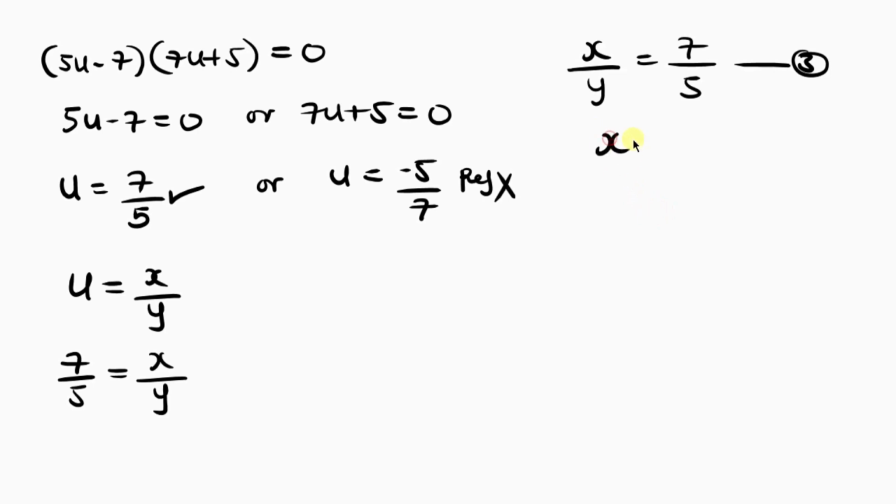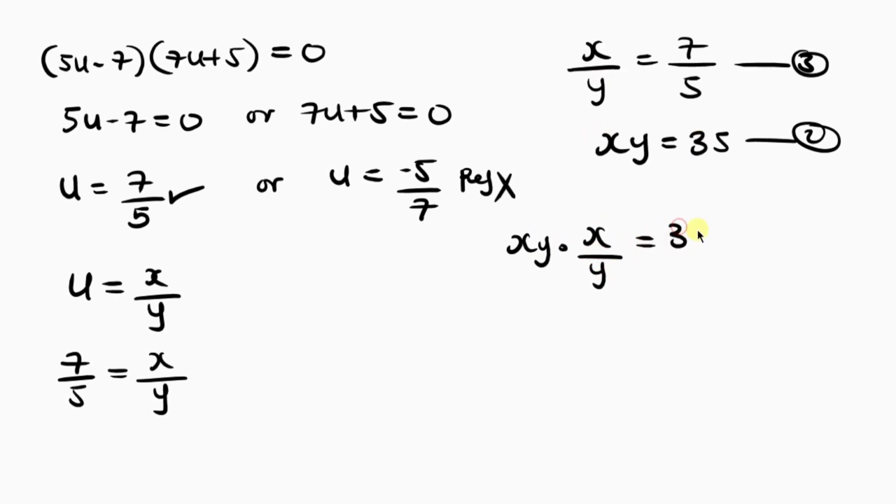Equation 2 is xy equal to 35, right? So I'm going to be multiplying equation 2 and equation 3. So equation 2 multiplied by equation 3, I'll be having xy times x over y, equal to 35, which is equal to equation 2, times 7 over 5.